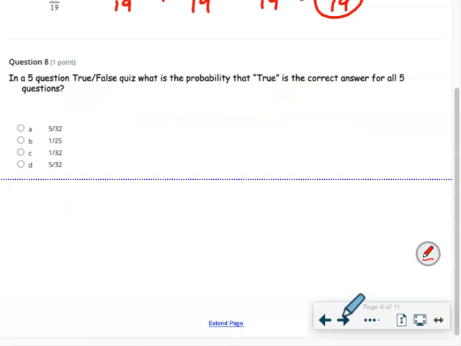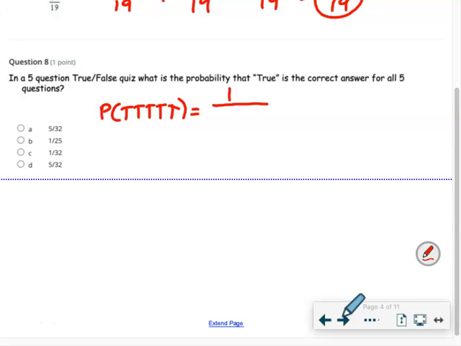Question 8, in a 5-question true or false quiz, what is the probability that true is the correct answer for all 5 questions? This is probability of true, true, true, true, true. There's a couple ways you could think about this. There's only one correct answer key. There's only one way for it to be true, true, true, true, true.